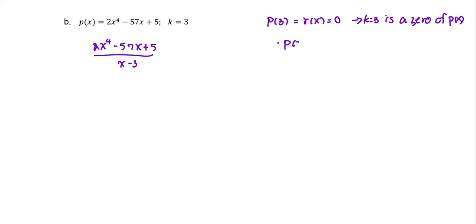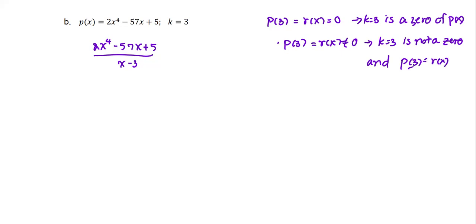If p at 3, which is the remainder, is not equal to 0, therefore k equals 3 is not a 0. And p at 3 equals whatever number we get from performing the synthetic division. All right, so in this case, k equals 3. So put 3 in the box.